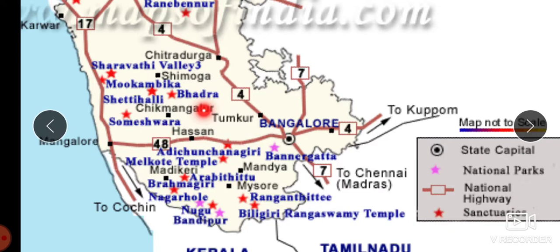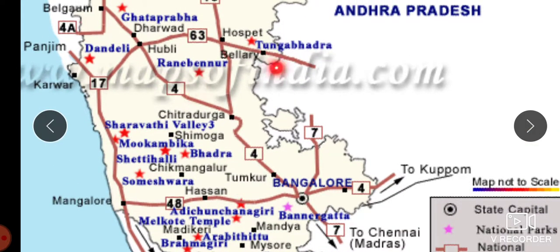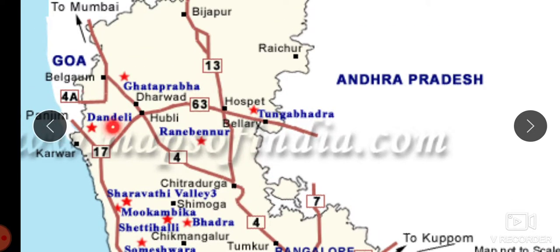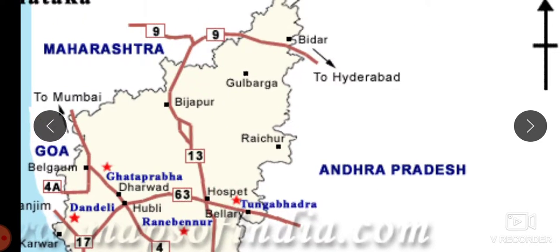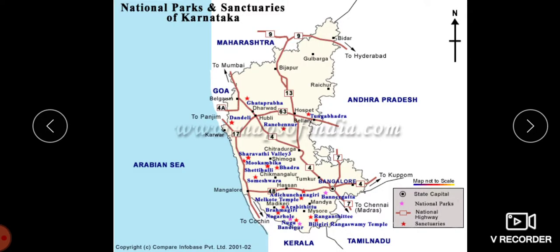We have Bhadra, where we have sanctuaries. Then we have Shettihalli, Mookambika, Sharavati Valley, Ranebennur, Tungabhadra, Ghataprabha, Dandeli. In all these places, children, we have sanctuaries.